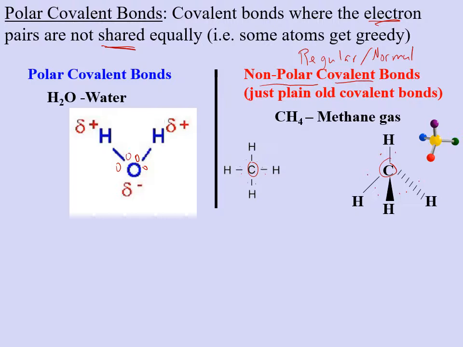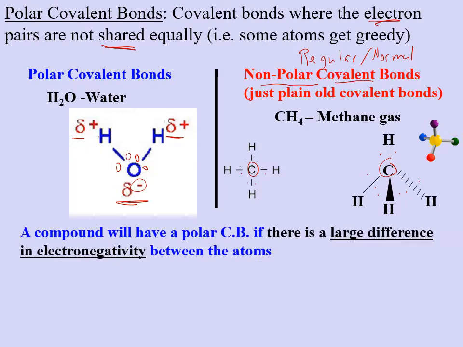And as a result, we get these slight charges on a water molecule. That's what this little symbol means. It means slightly. So the hydrogens end up being slightly positive because they have most of their charge being drawn from their own nucleus, where the oxygen ends up being slightly negative here because it has the electrons closer to itself.